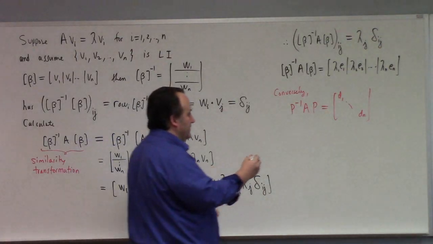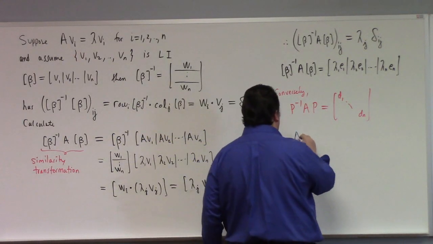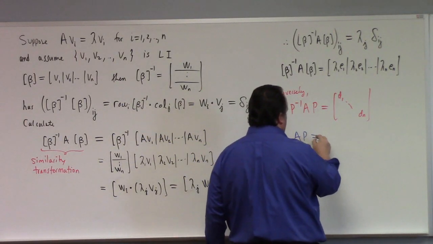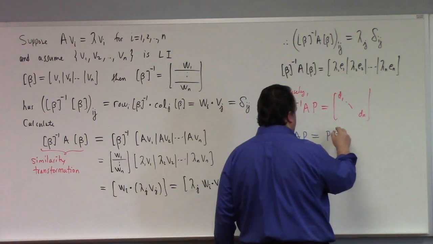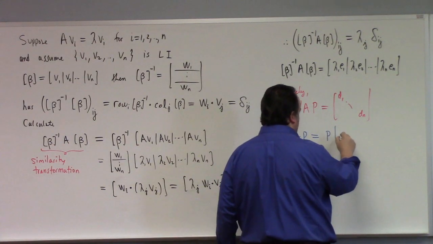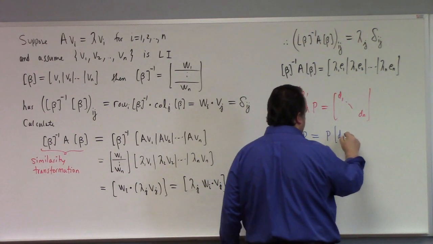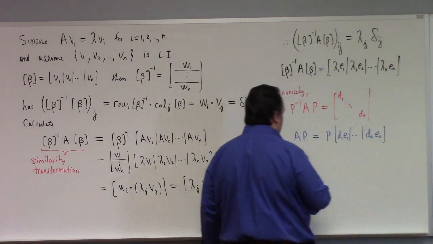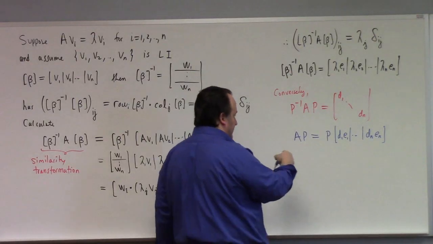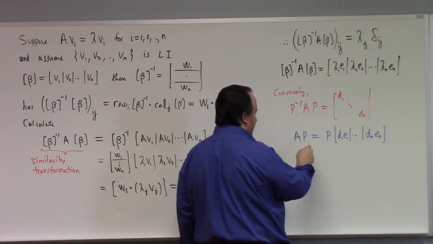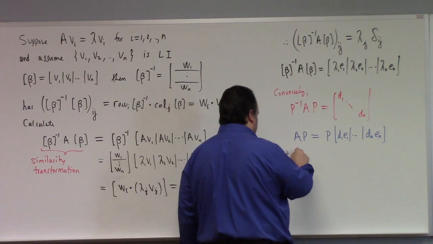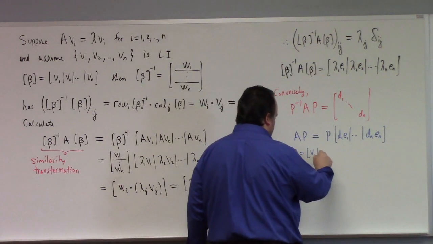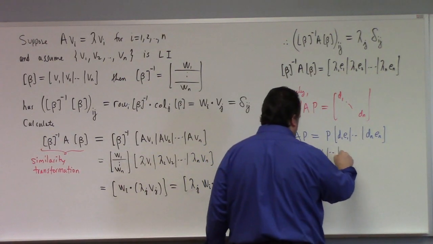I get A times P is equal to P times this diagonal matrix, right? So what does that mean? Well, let's give a name. Let's let P equal V1, V2, through Vn.